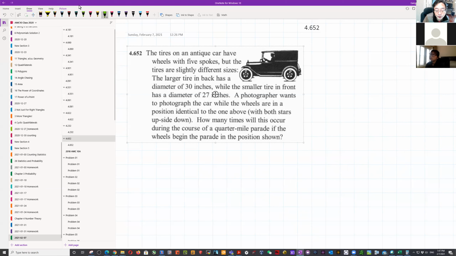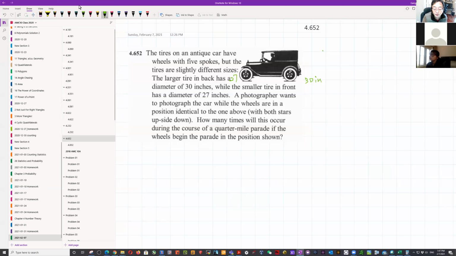The tricky part of this problem is that the tires on the antique car have wheels with 5 spokes, but the tires are slightly different sizes. The larger tire in the back is 30 inches, while the smaller tire in the front is 27 inches.